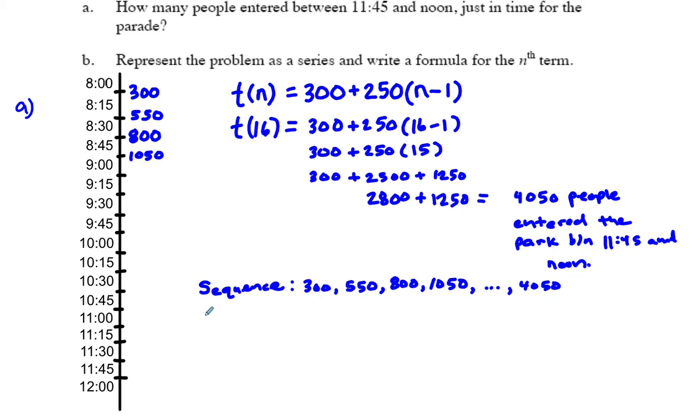If I want to write it as a series, the big difference between the two is instead of using commas, in a series we're looking to add all the terms together.